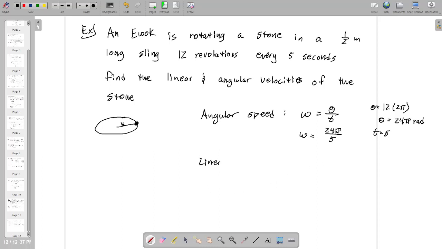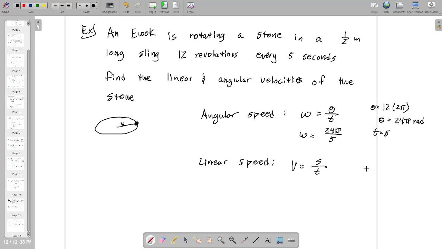Now the linear velocity, on the other hand, is v is equal to s over t. Now we need to figure out what s is. Remember, s is this distance. It's exactly the arc length of 12 full revolutions. Now we have a 1/2 meter long sling, and we have the number of revolutions, also the number of radians, because 12 revolutions is 24 pi radians, as we found out in the angular speed part of this problem.